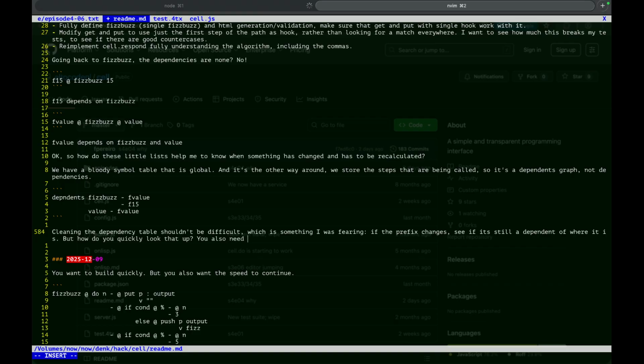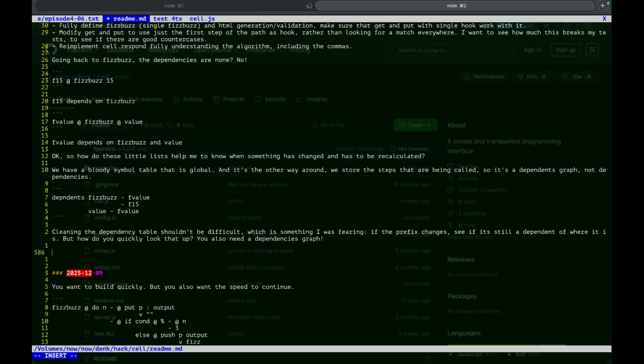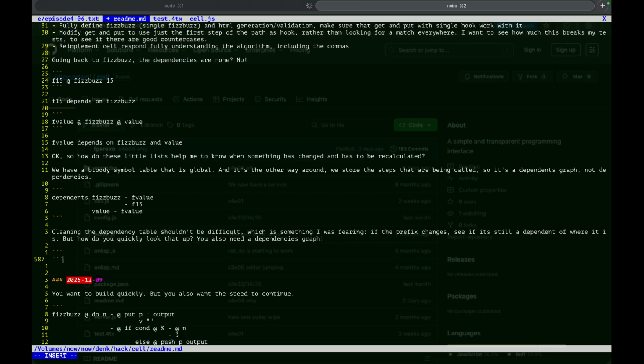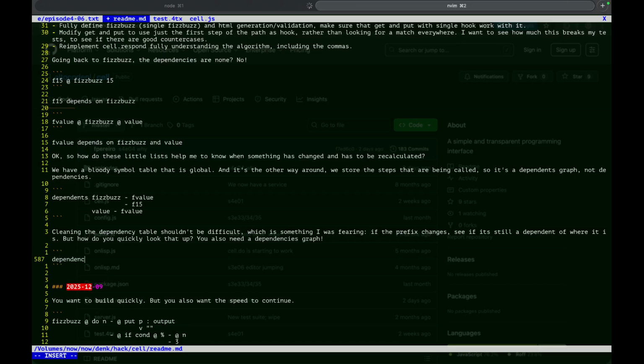You also need a dependencies graph. You just need that, yeah.